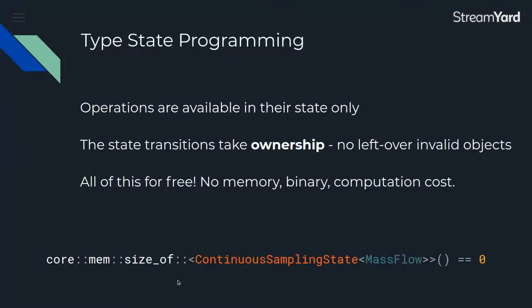Well, nice, I don't know, but the turbofish to get at the type that you want to have the size of, and then you call the function, and you get 0 in this case. And that is a hint of why this is actually a free operation. So you get all these benefits at no cost that would be apparent in the product. Of course, there is some developer overhead.